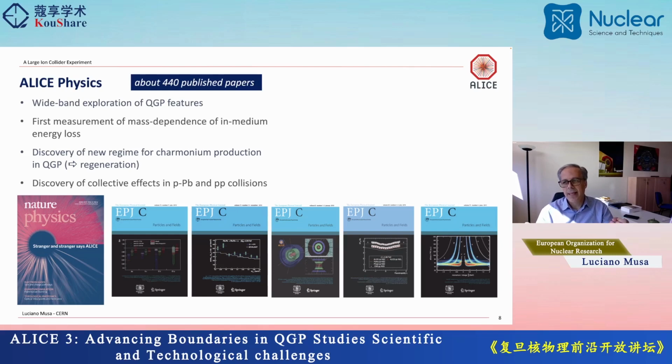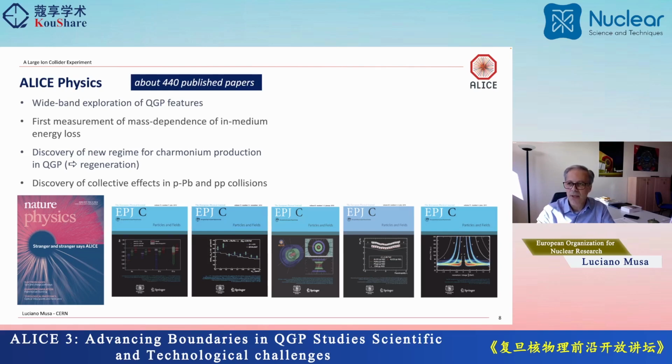So we have clear evidence that hadrons which are produced in the initial hard scattering are completely melted in the very hot system, and then they can be regenerated by recombining partons produced uncorrelated. We also discovered collective effects in proton-lead and lead collisions.